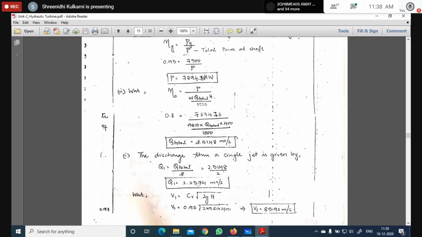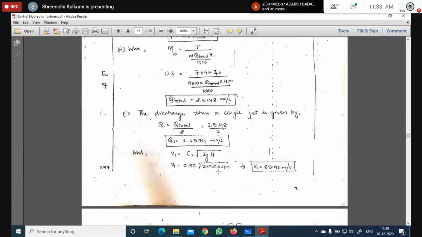Suppose if the number of jets is 3, then it is divided by 3. If the number of jets is 10, we write 10. So for n number of jets, divided by n. Finished? Yes, sir.